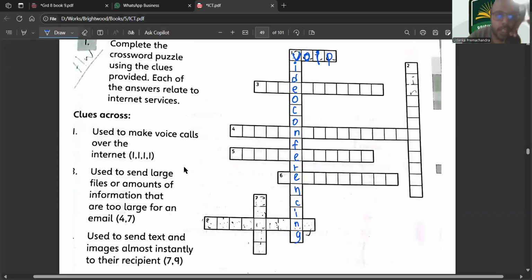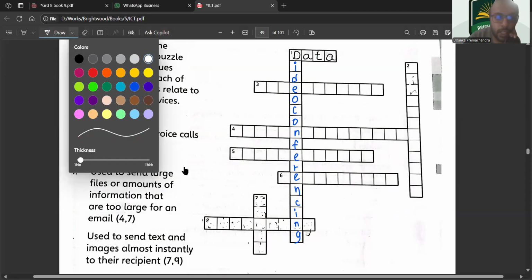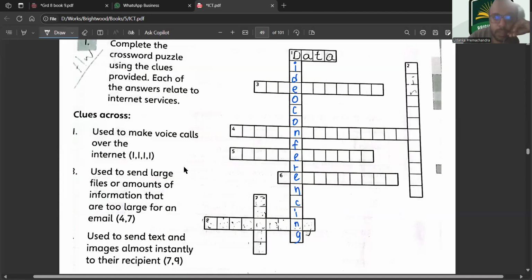I already gave some words for you, the last day. Please try to use them. I think you can use them.